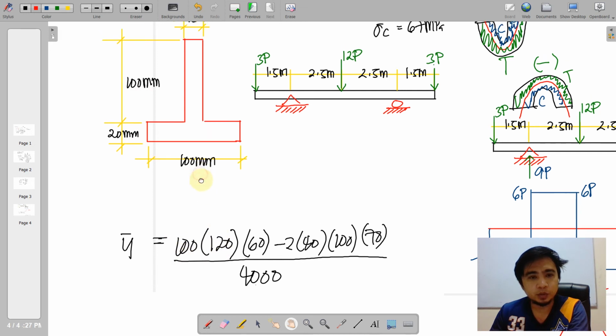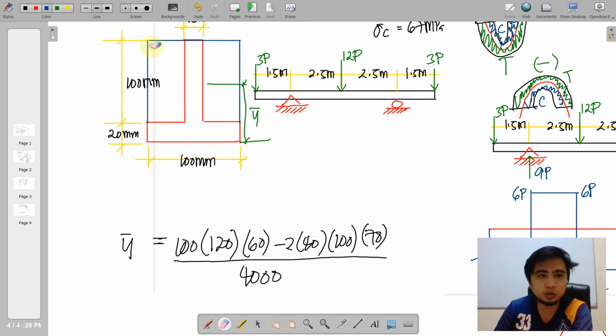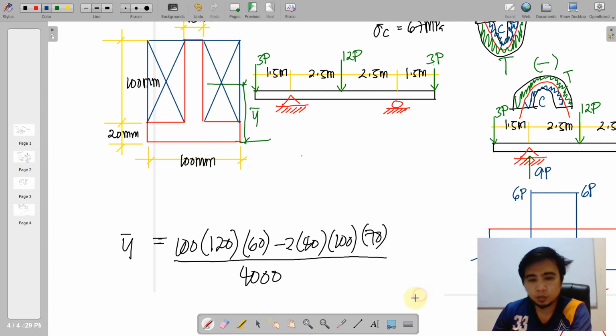We're going to have the centroid of that from the bottom portion. By the way, I have chosen here the bottom portion for the y-bar. And then half of 120, that is 60. That is for the whole rectangle here.